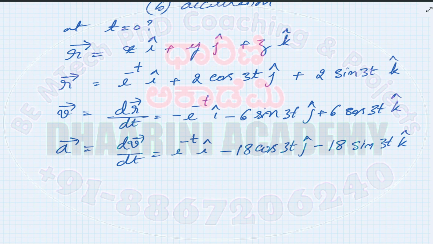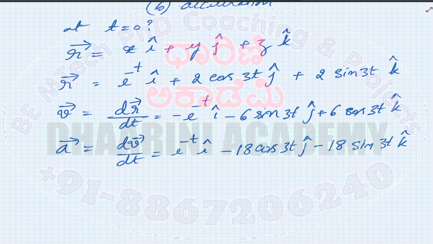Alright, now the question is to find the velocity and acceleration at time equal to 0. So what do you do? First we can try to find the magnitudes of velocity and acceleration. So what is the magnitude? This is nothing but square root. The minus will cancel out, it is simply e to the power minus 2t, because square of e to the minus t is e to the minus 2t.